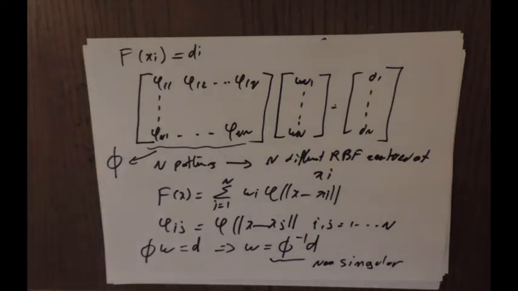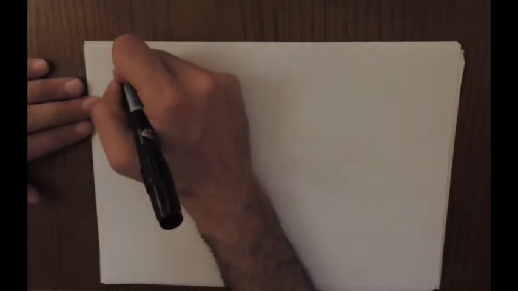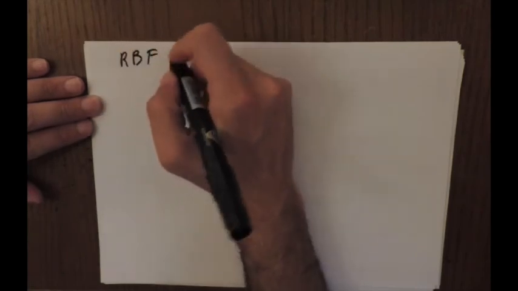So now, what are the RBF functions phi, which we don't know right now, that can be non-singular and fit for our example? There is a large family of radial basis functions covered by Micchelli's theorem. The main important thing is that they should be non-singular. So we have RBF functions.